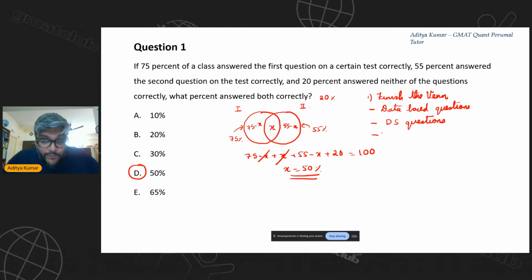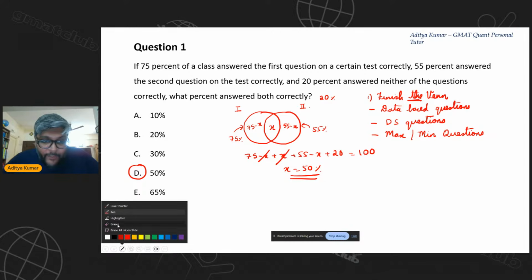And I always use the process of finishing the Venn when I work with maximization and minimization questions. I don't think you had any maximization or minimization questions in the 10 questions that you solved, but a maximum question would be something which asks what is the maximum possible value of, what is the minimum possible value of, largest, smallest, greatest, least. I would always prefer to finish the Venn.